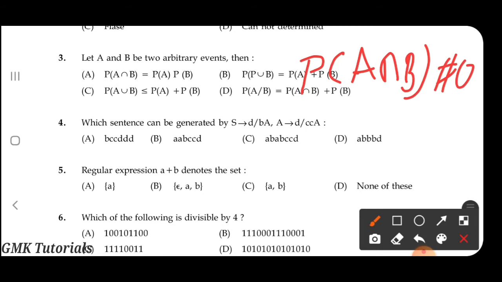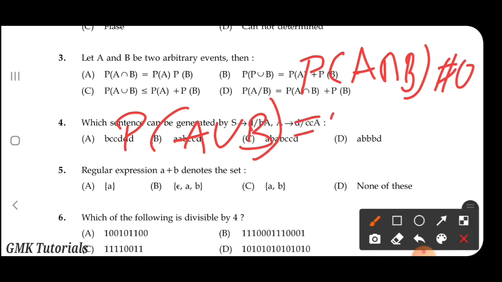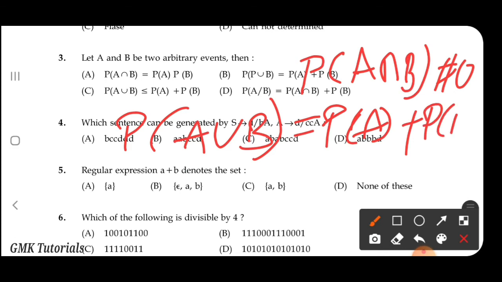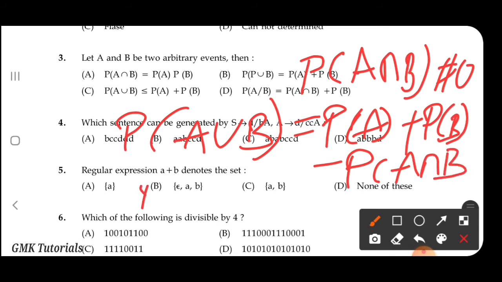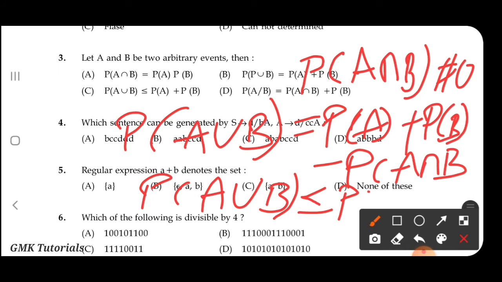And in set theory, we have one formula, P of A union B is equal to P of A plus P of B minus P of A intersection B. So we will write it as P of A union B less than or equal to P of A plus P of B. So option C.